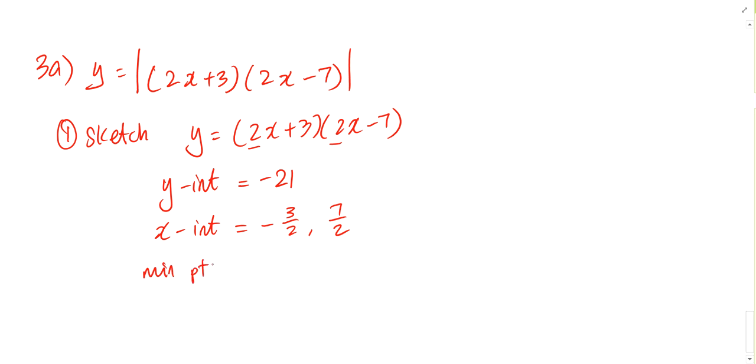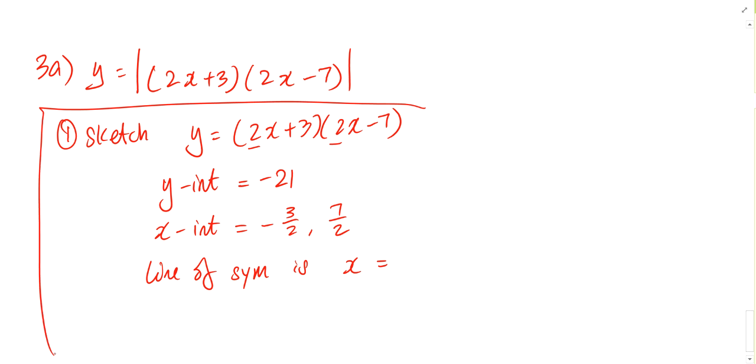Okay, before the minimum point, let's talk about the line of symmetry. I'm sketching without the modulus first. What is the line of symmetry? x equals? How do you get 1?